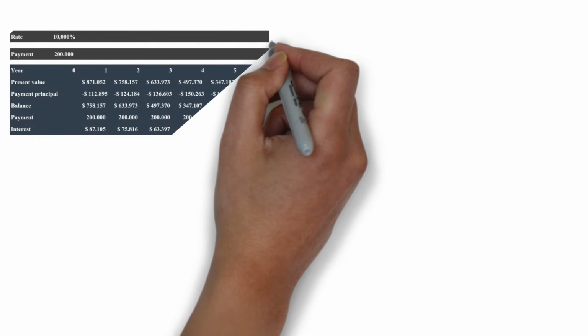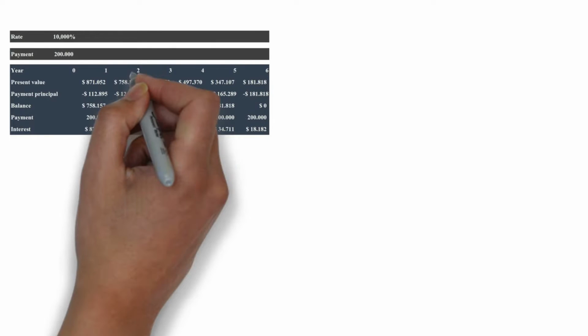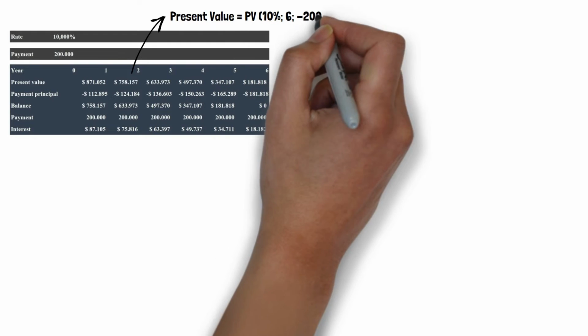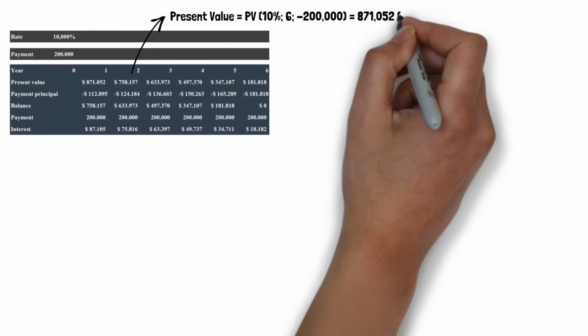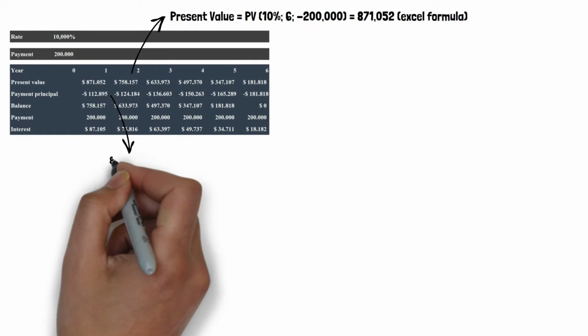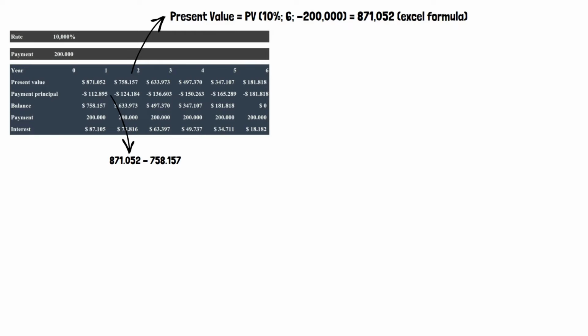The first thing we must do is make the amortization table of the lease liability. So, the present value at the beginning of the contract is equal to $871,052. On the other hand, the principal payment for year 1 will be the difference between the present value of the lease liability for years 1 and 2.